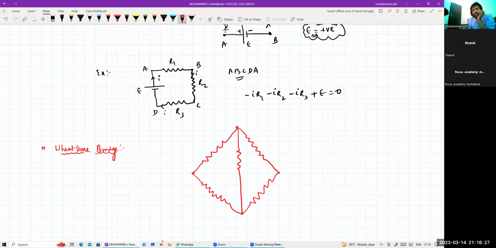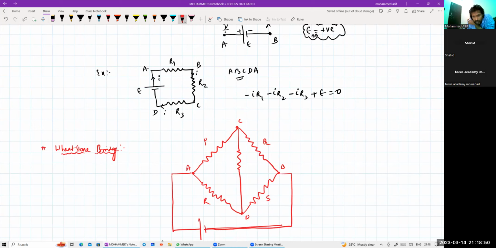Okay. So this one is P, this one is Q, this one is R, this one is S. And this is a terminal A, this is a terminal B, this is a terminal C, and this is a terminal D. A is connected to positive terminal of the battery, and B is connected to negative terminal of the battery. Okay. पॉजिटिव नेगेटिव, इसका हो गया ये पोटेंशियल बी, ठीक है.